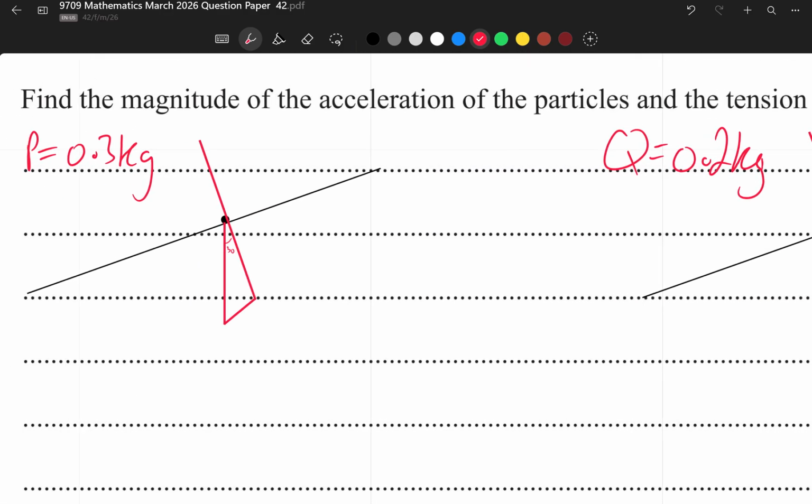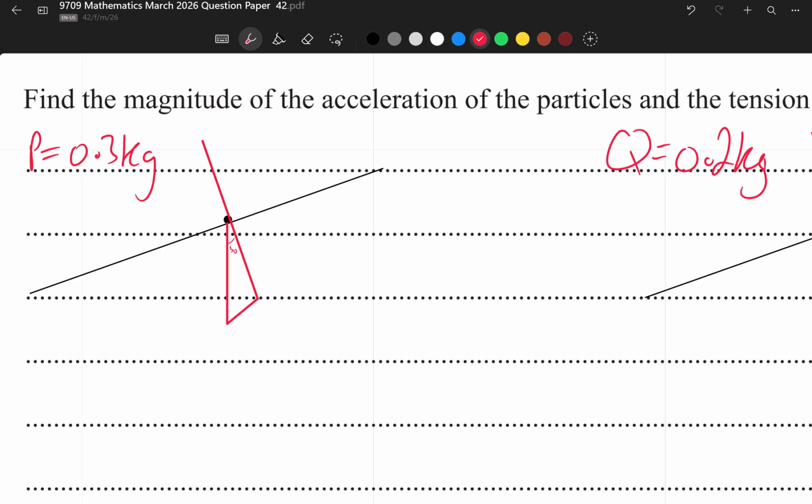So first of all, the mass is 0.3 kilogram. The weight acts downward, so weight will be 0.3 into 10, which is g, so 3 newtons downwards. Now we'll draw the components. With theta, it will be 3 cos 30, as this angle is also 30, and this will be 3 sin 30.